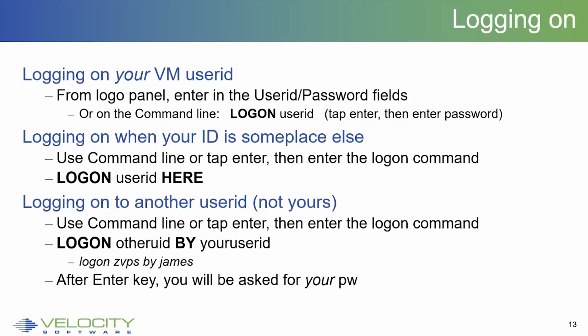The syntax of the command is logon, the other user ID, then the keyword by, and then your user ID. For example, logon ZVPS by James. After you hit the enter key, you enter your password, and you then get logged on to the other user ID.